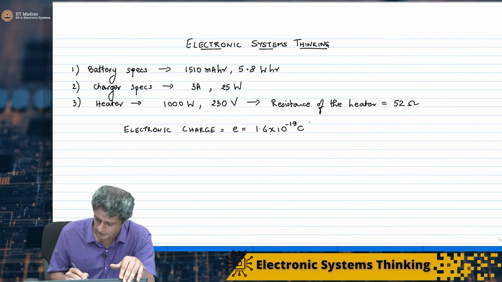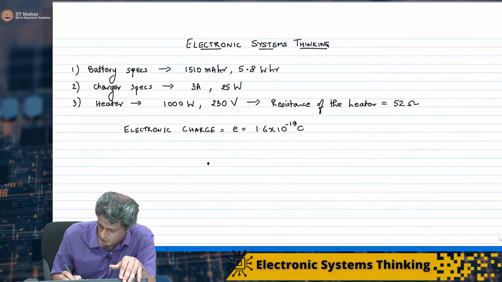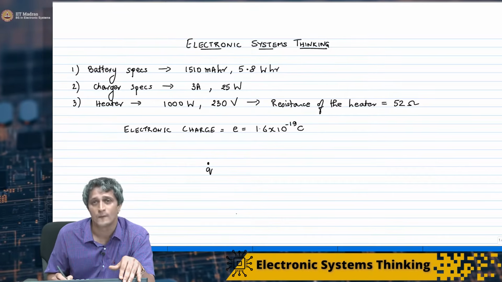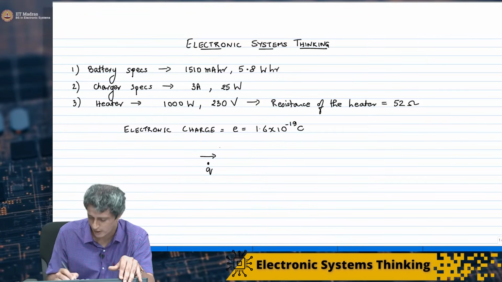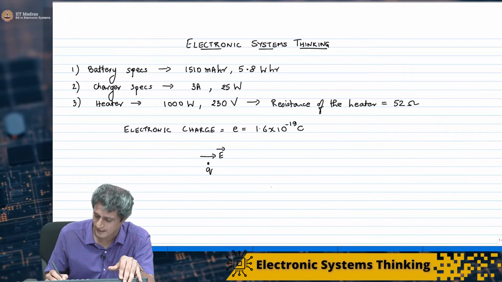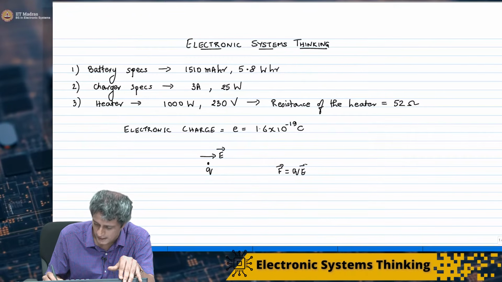If you have a charge Q and you apply an electric field, the charge can move. With an electric field E, the force on this charge will be Q times E.